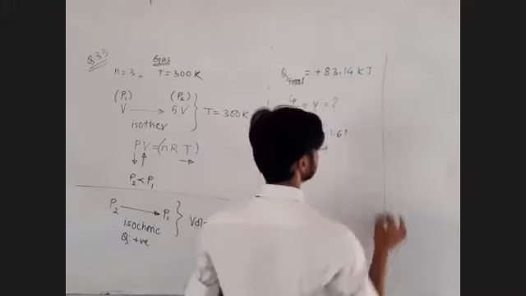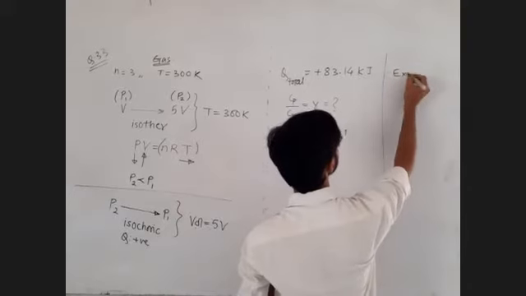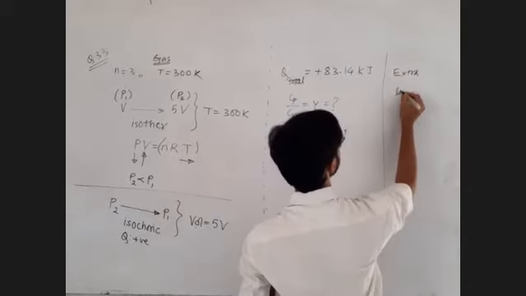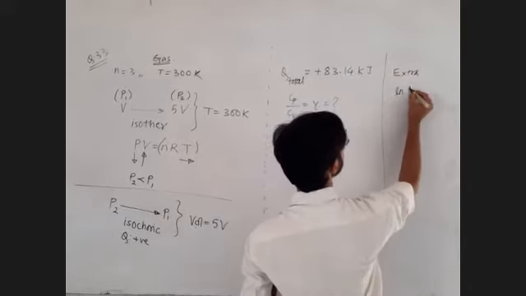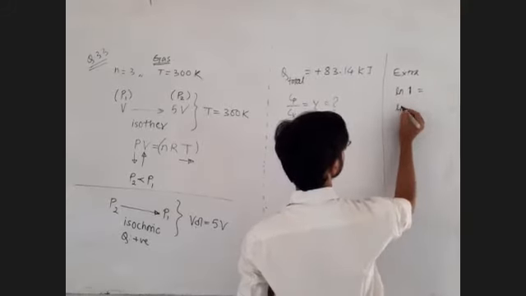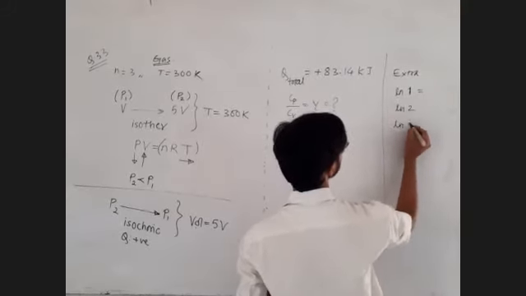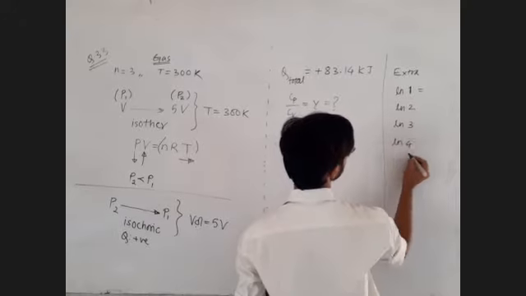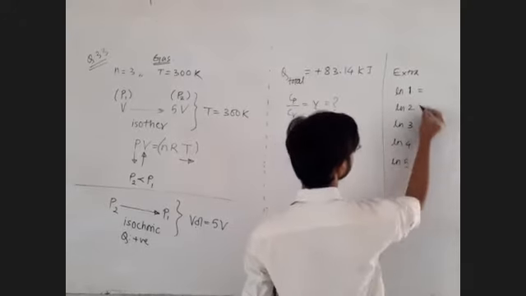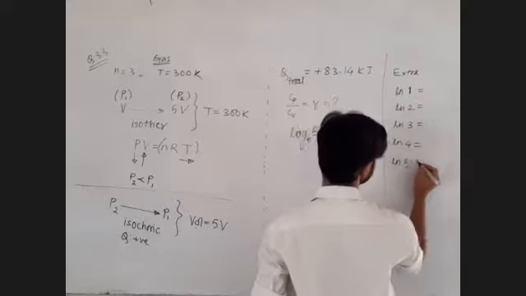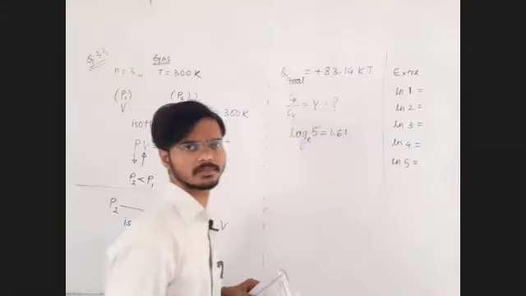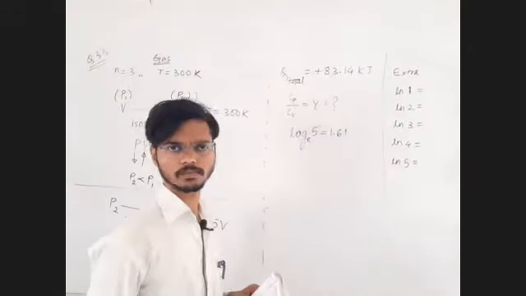Tell me here. Ln, log to the base E. Ln 1, Ln 2, Ln 3, Ln 4, Ln 5. I know that you know this.